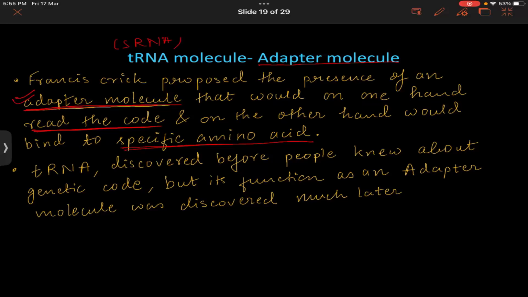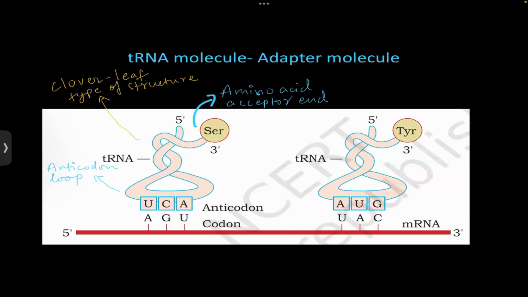Let's see a structure first. So this is a particular mRNA sequence running from 5' end to 3' end. There are genetic codons on this mRNA sequence like AGU, UAG. These are the particular codons.